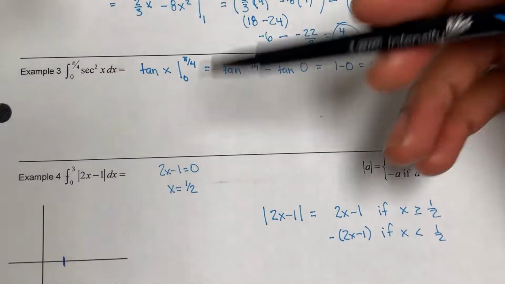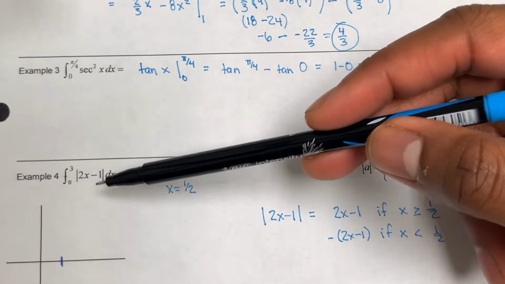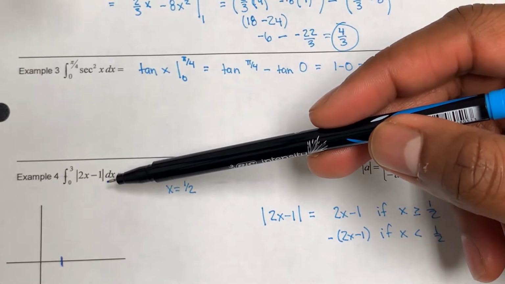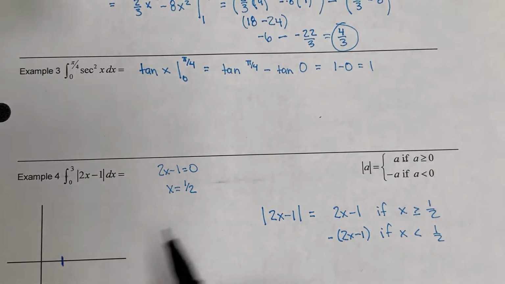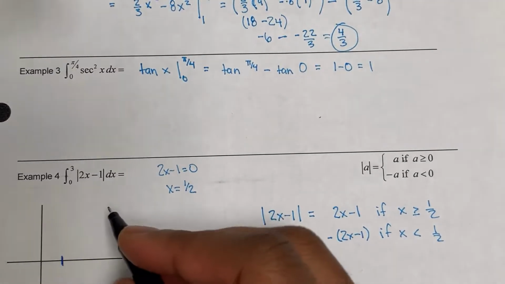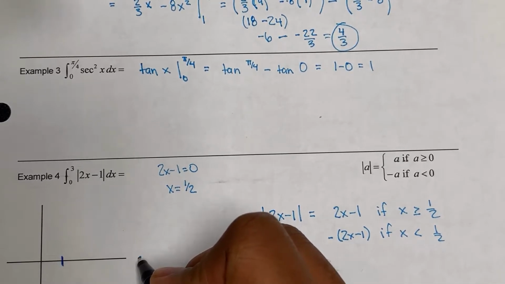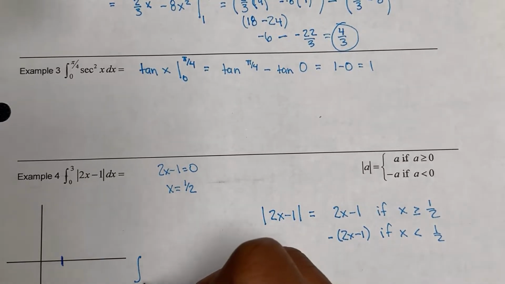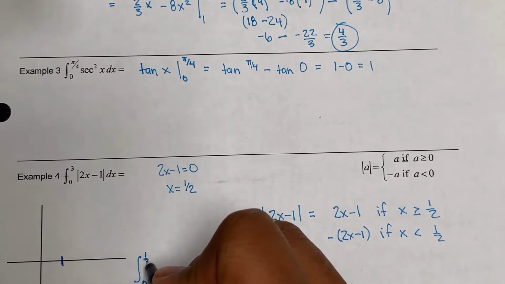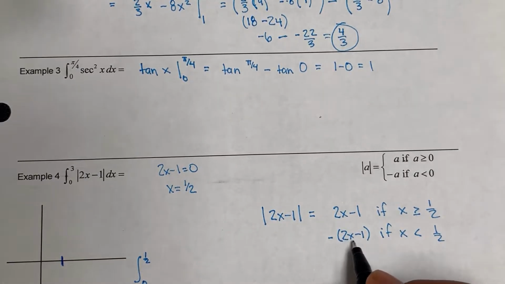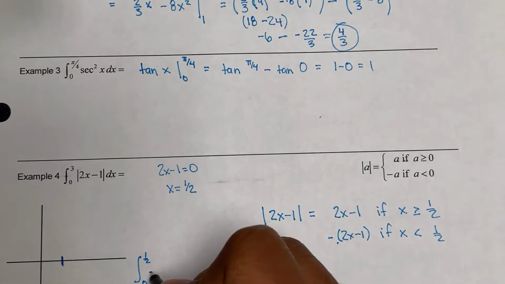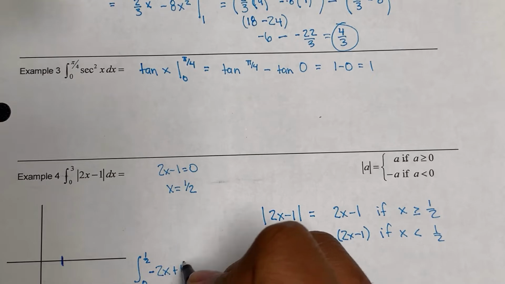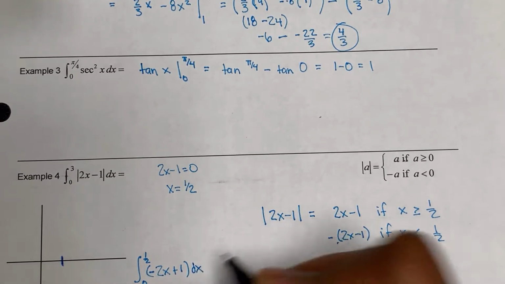So all that means is that this integral produces two different integrals. So we split this limit to be, what do we have on? We'll say the integral from 0 to 1/2, so from 0 to a half, we're going to have negative 2x minus 1, which is negative 2x plus 1 dx.